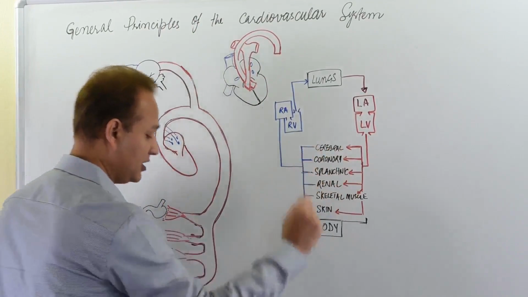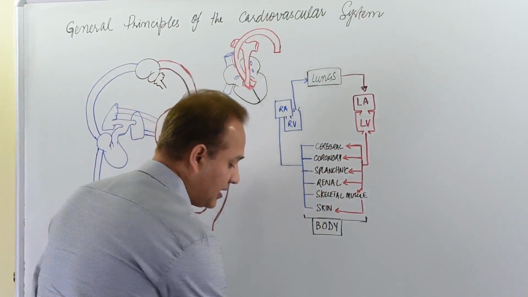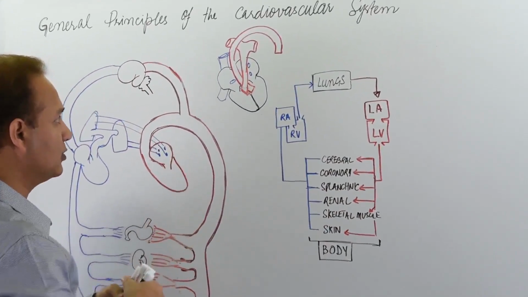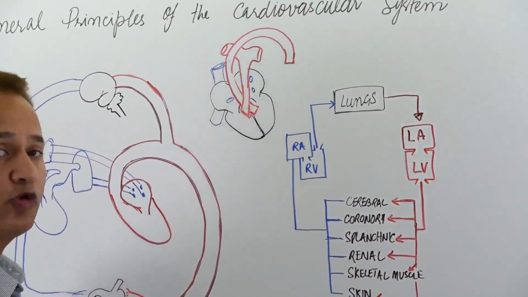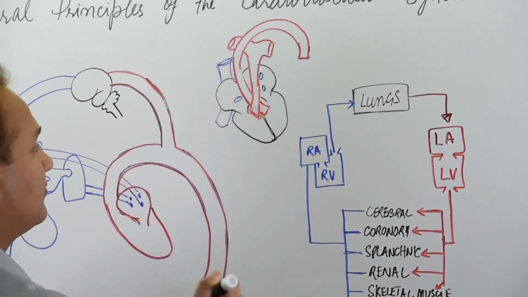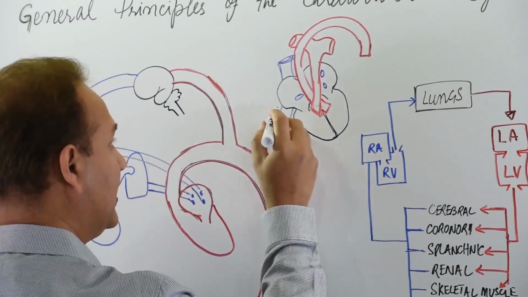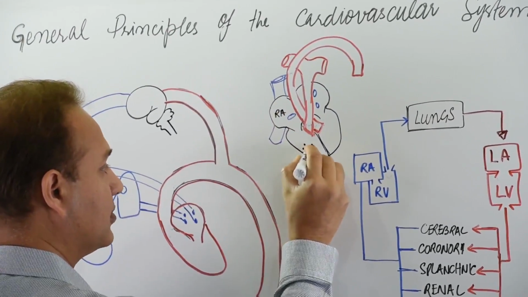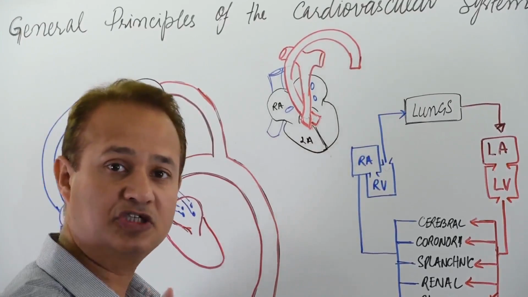So let's start from here. The heart that is drawn here, and you'll see a picture as well, has 4 chambers. Number 1, the right heart: right atrium, RA, and right ventricle.